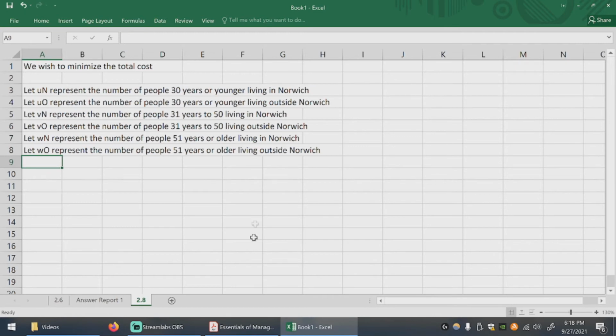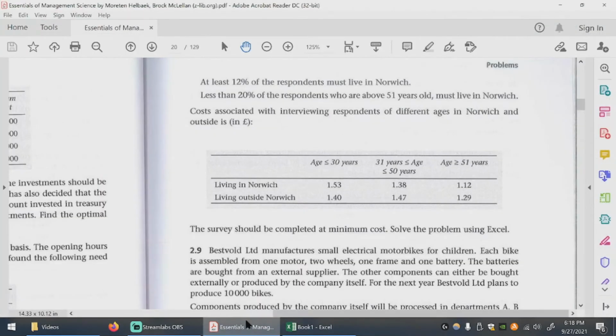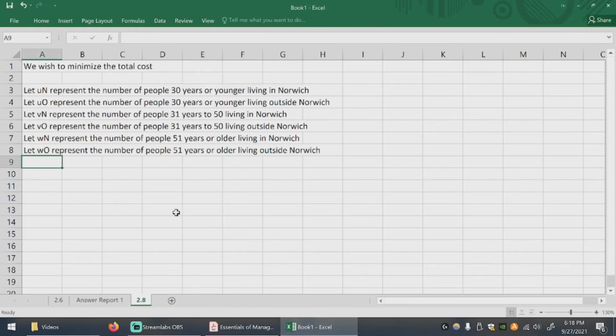There we go. Obviously 6, because I cannot calculate the cost if I don't have the number of people for every one of these table entries. I need to split them apart because the cost is different for each group. Okay. Now I'm ready to write my objective function.